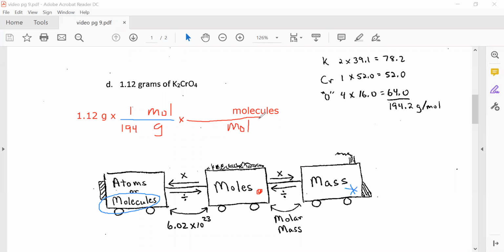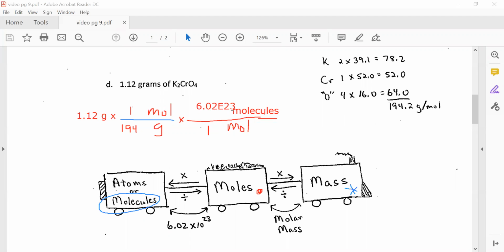I'll extend my line over. Now, the deal is there are 6.02 times 10 to the 23rd. Is it moles in a molecule or molecules in a mole? Again, it's always 1 mole here. So notice this conversion. It's going to be the 6.02, and I'm going to write that in here like this: 6.02, and I'm going to go E23.